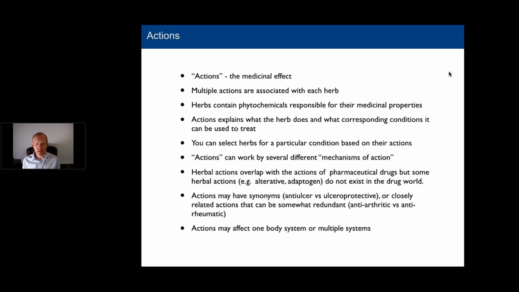Now, when it comes to a herbal action, you could have something like an anti-inflammatory herb, or numerous anti-inflammatory herbs. And even though they share the same action, they could have different mechanisms of action for how they work as an anti-inflammatory.